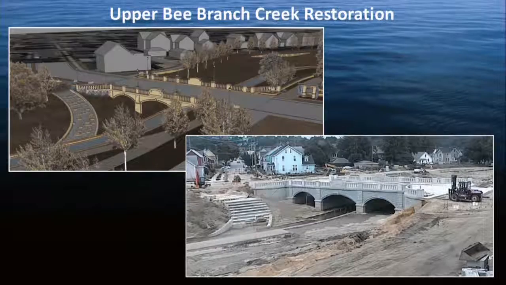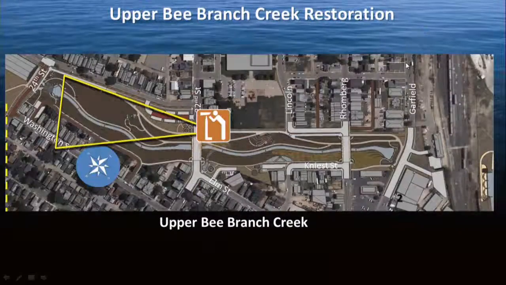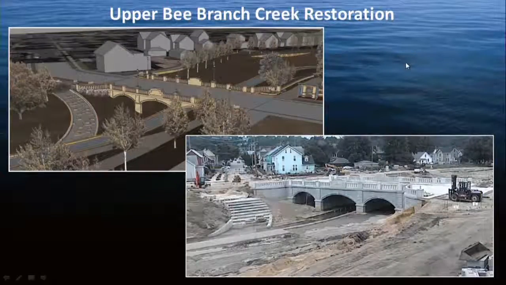You can also see the spillway here, looking to the west up 22nd Street. I'll talk a little more about that in a bit. This is the spillway where water in excess of the storm sewer will leave the street and get into the creek area to be passed out to the river.